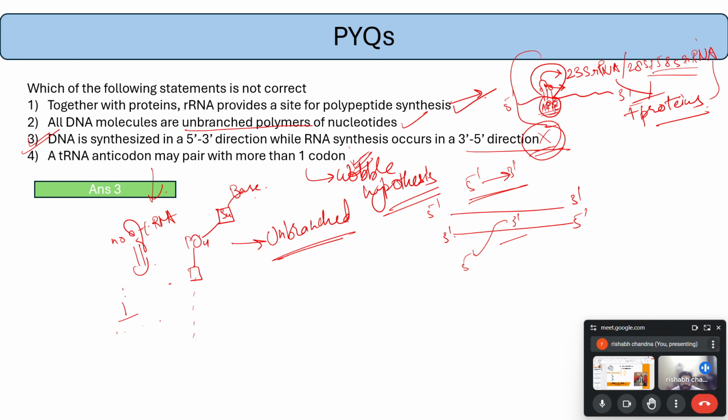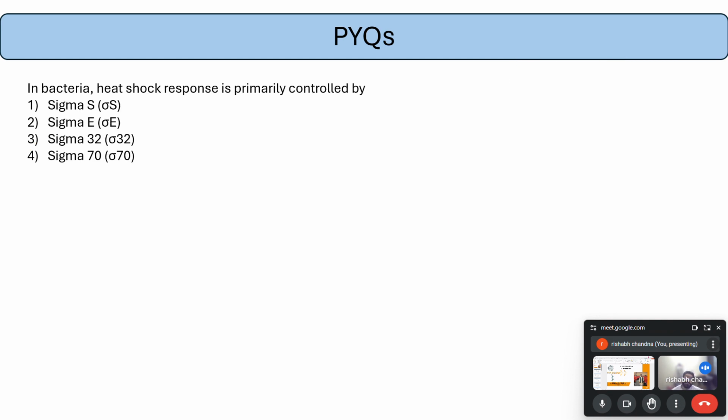Now moving on to the next question. In bacteria, heat shock response is primarily controlled by. As we studied in that lecture itself, there were different sigma subunits based on the molecular weight. The majority used is sigma 70, that is involved in many processes of the bacterial cell.